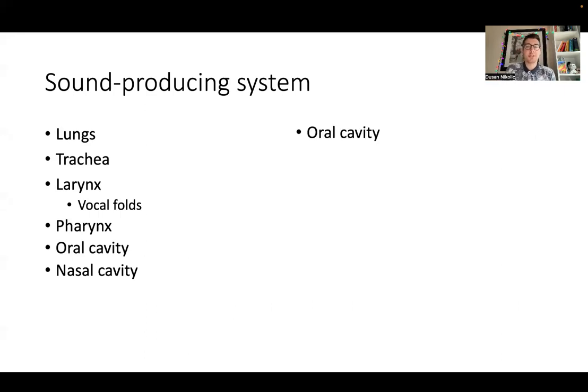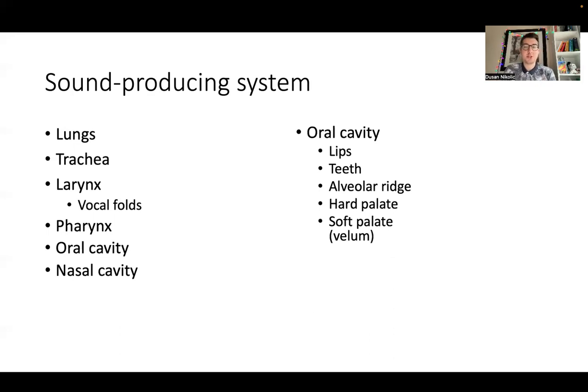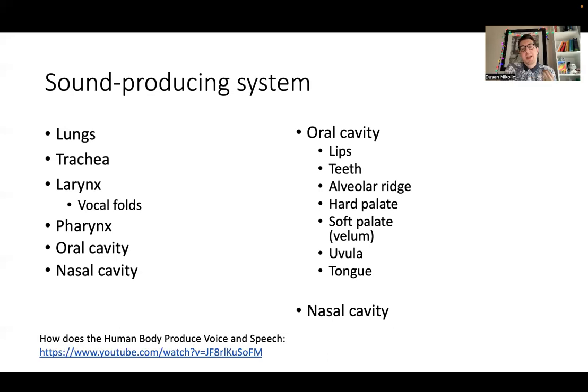The oral cavity consists of lips, teeth, alveolar ridge, hard palate, soft palate, velum, uvula, and tongue. The nasal cavity consists of our nostrils and what's inside the nose. And I posted a link to a nice little video about how the human body produces voice and speech.